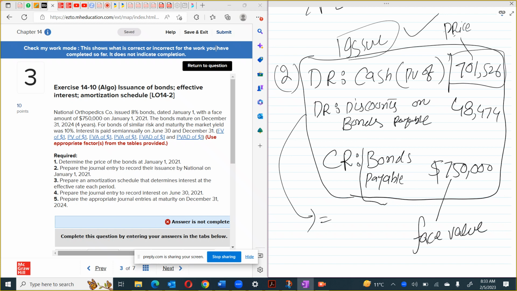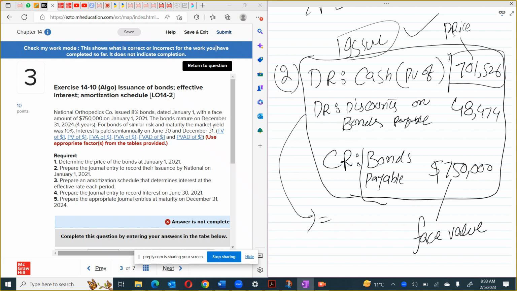So bonds payable is 700,000. Now, what is the smaller side? Credit. So I will credit the premium, and I will take the difference between these two, which is 35,533.